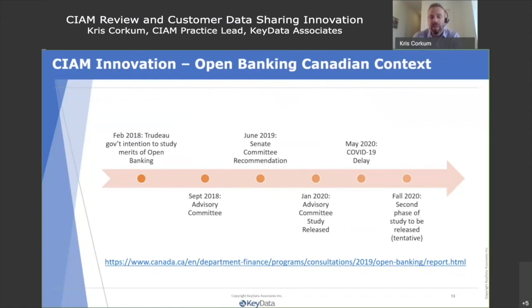Number six, that government and industry should work together. Government should be the guardians of oversight and enforcers of protection rights, and industry should drive Canada's CDF technical standards. And last but not least, number seven, the report found that the current unstructured environment poses data protection, privacy, and cybersecurity risks to consumers and financial institutions.